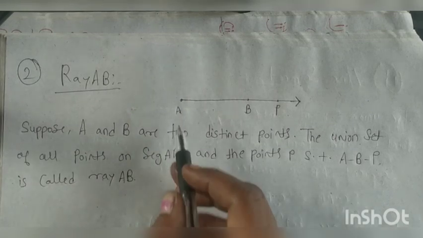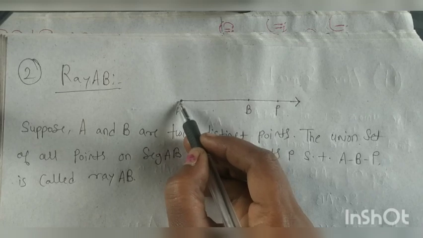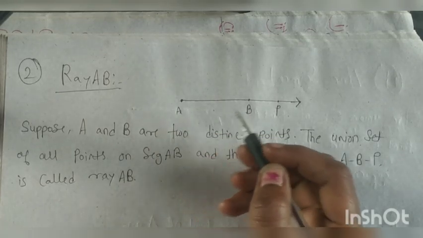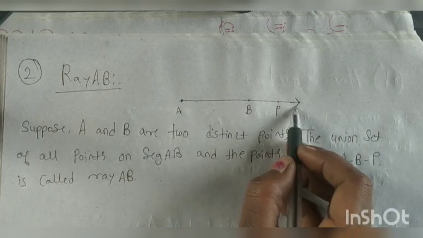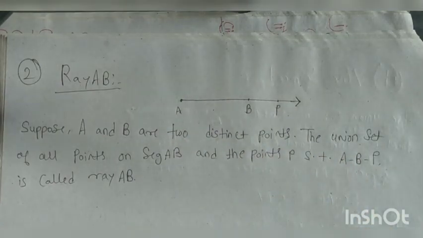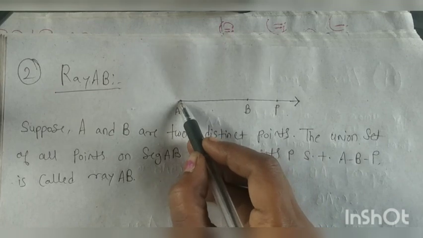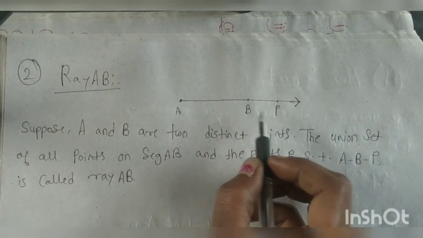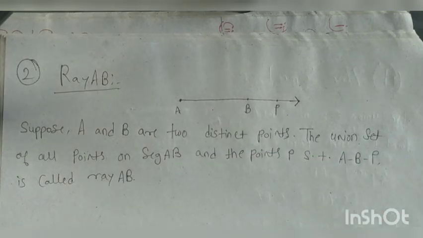Here point A is called the starting point of ray AB.